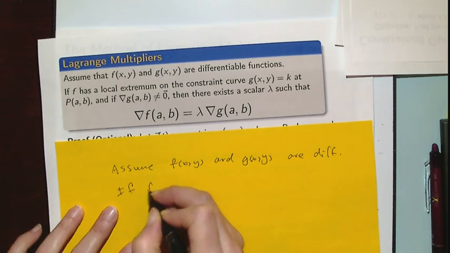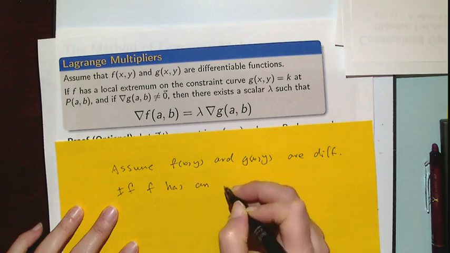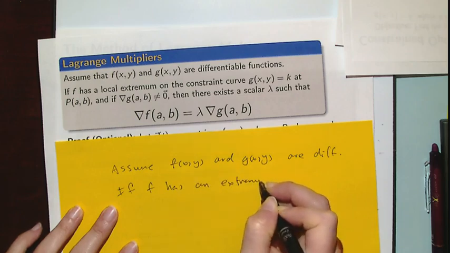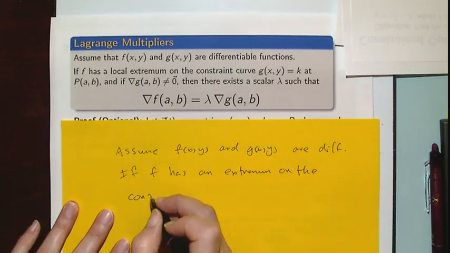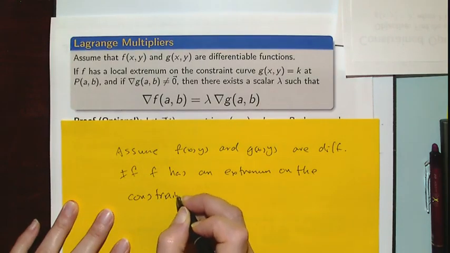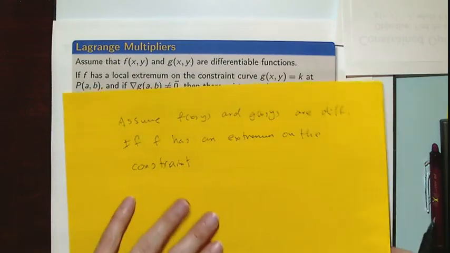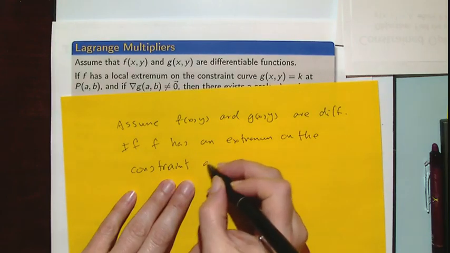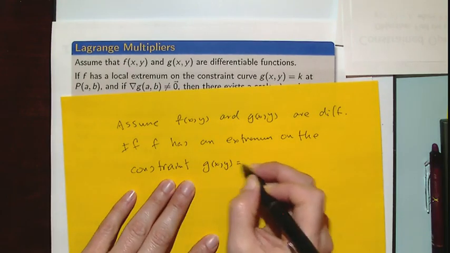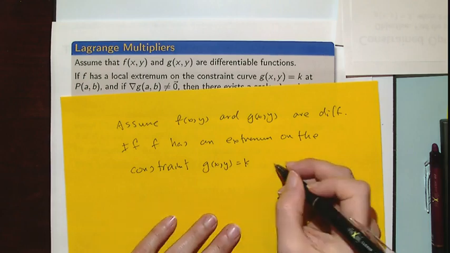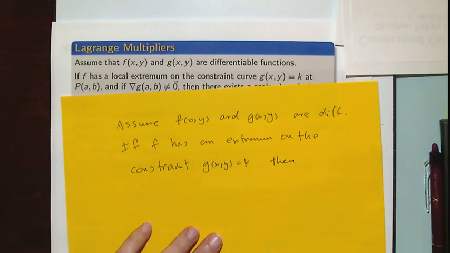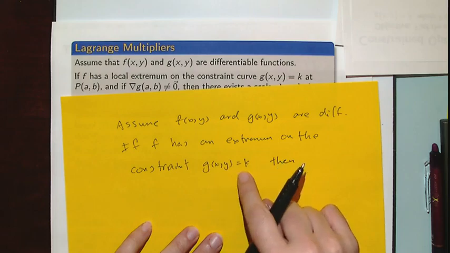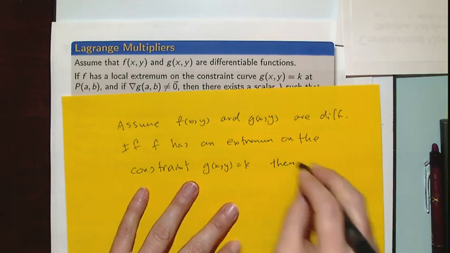If f has an extremum on the constraint g of x and y equal to k, then, what happens?